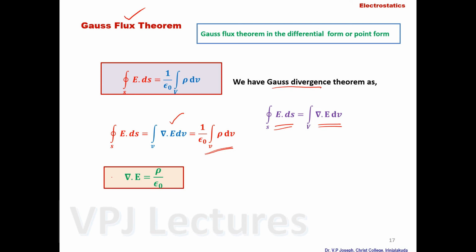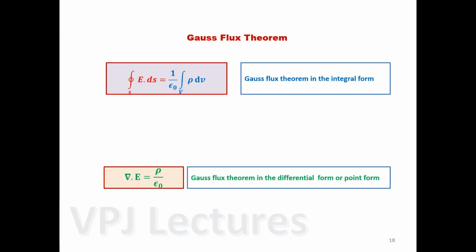Now here is a volume integral, and here is a volume integral. So we are removing the volume integral from both sides, and the final equation is the differential form or point form of Gauss-Flux theorem, given by del dot E is equal to rho by epsilon 0.